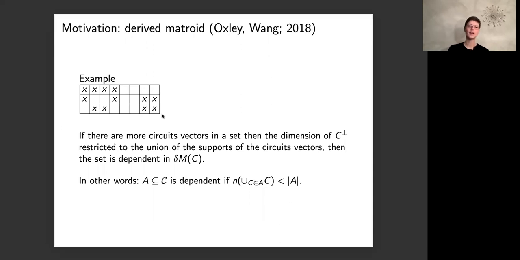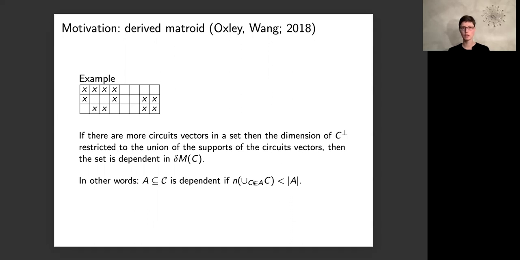And if you translate that back, you see that a set of circuits is dependent if it holds that, I take all these circuits. It's a bit annoying, C is a circuit now, bad notation, sorry about that. If I take all these circuits and I take the union of their supports and I take the nullity of that set, if the number of vectors is strictly bigger than that, then we know that this set of circuits is going to be dependent.